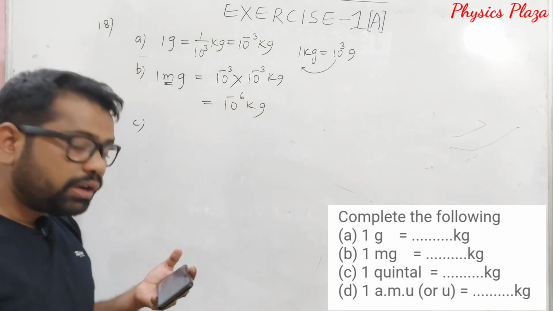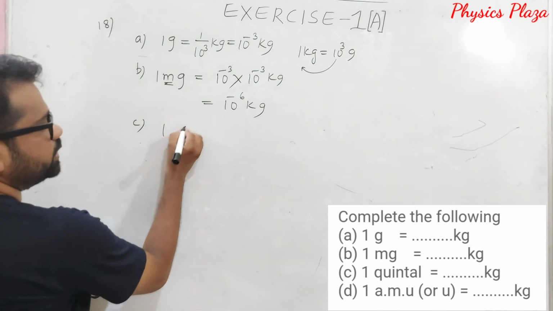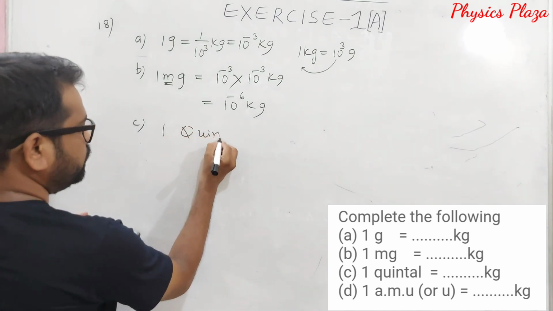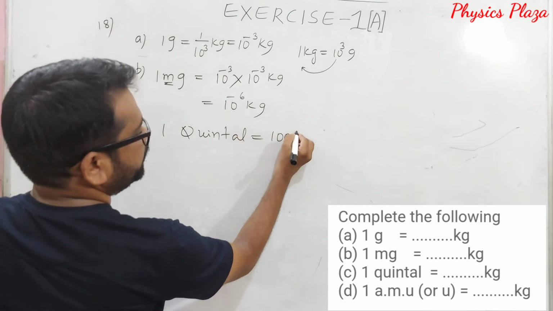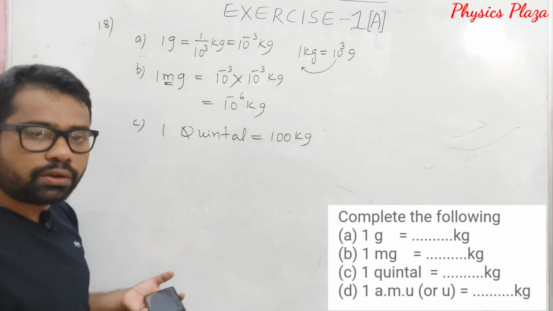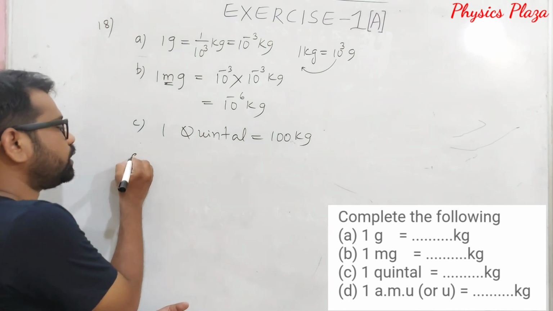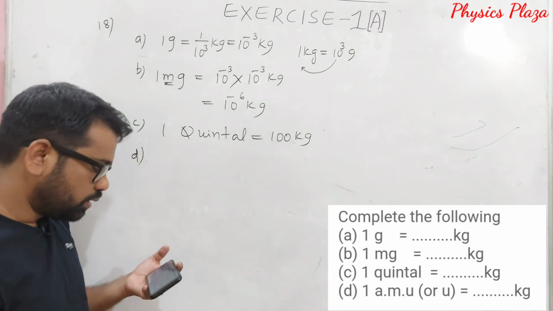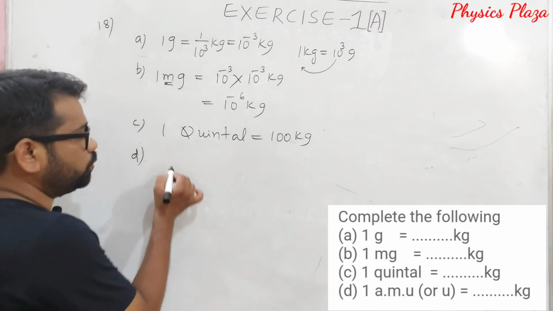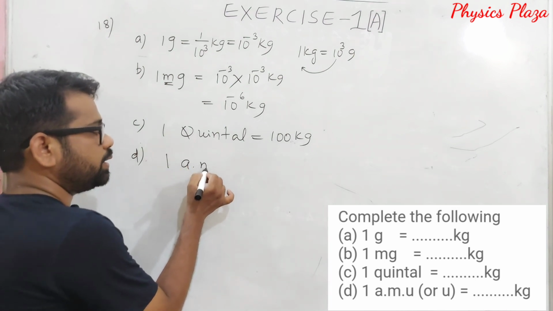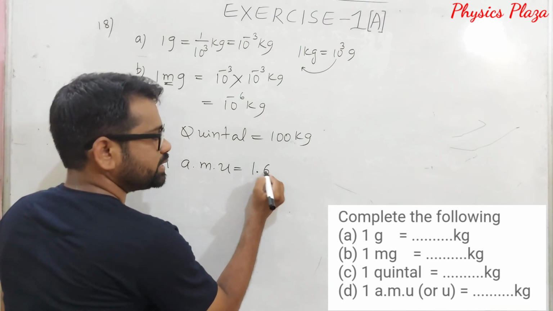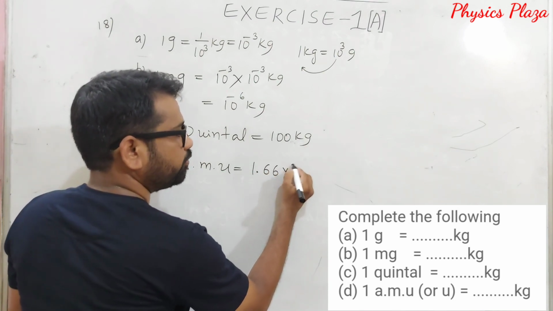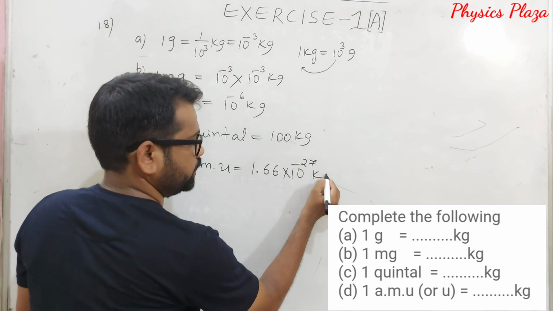Now see, C: 1 quintal is equal to how many kg? Of course, it is a direct one. 1 quintal is equal to 100 kg. Next D: 1 AMU is equal to 1.66 into 10 to the power of minus 27 kg.